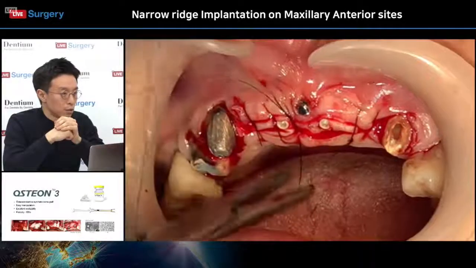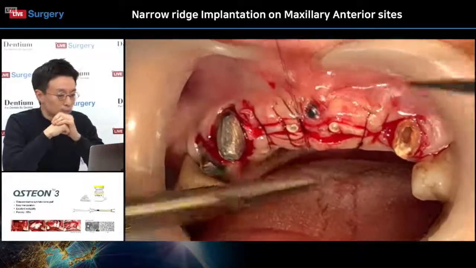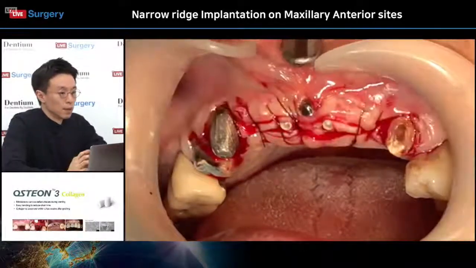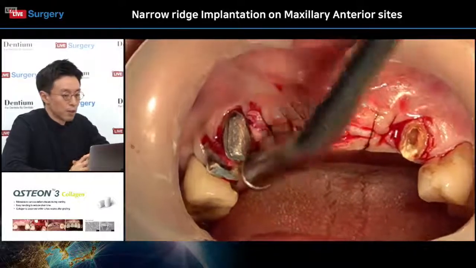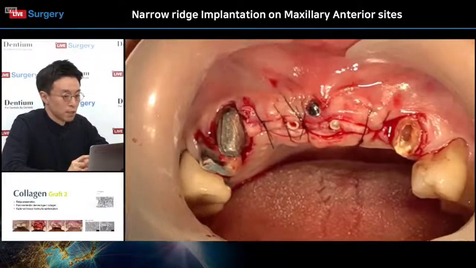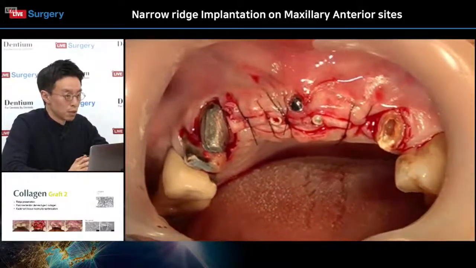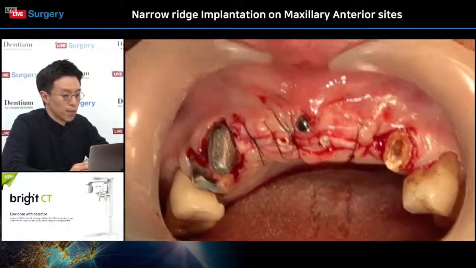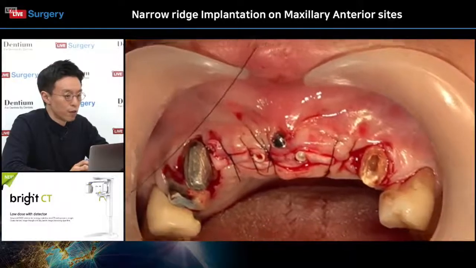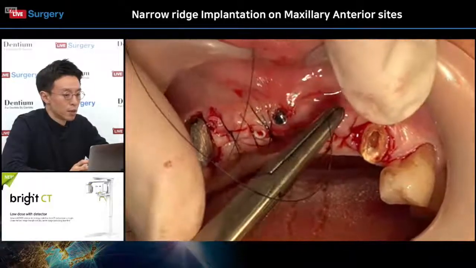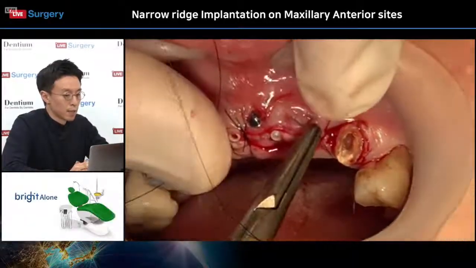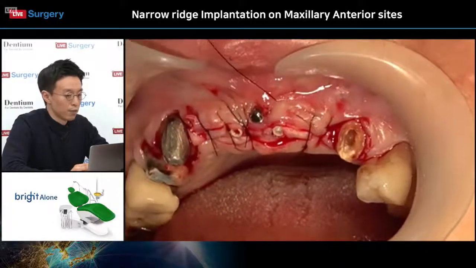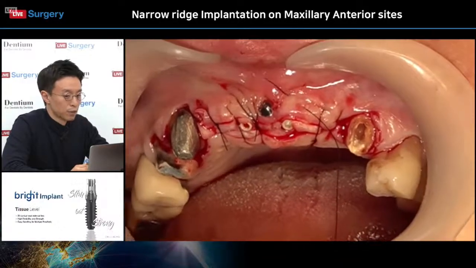If you decide to use the releasing incision technique, that should not be done on the palatal side of the maxilla. The buccal region or the labial region has more soft tissue, making it easy to cover an implant and making it a better candidate for releasing the soft tissue.